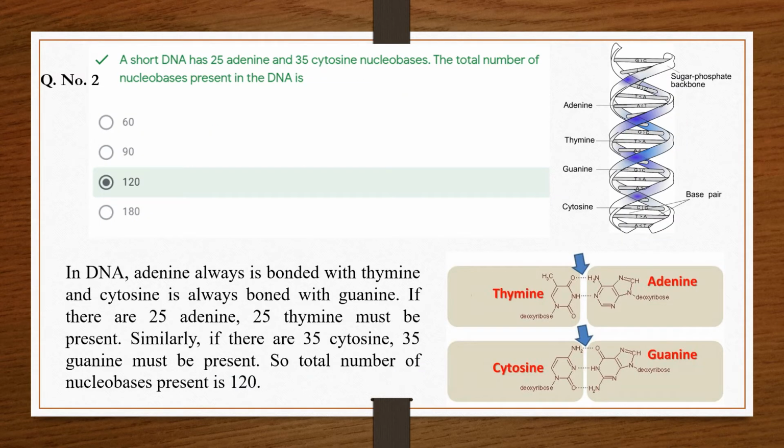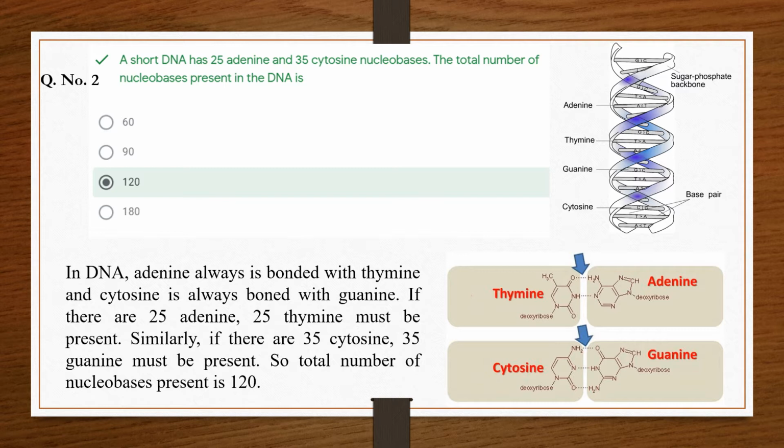The next question is, a short DNA has 25 adenine and 35 cytosine nucleobases. The total number of nucleobases present in the DNA is, and most of the students answered 60. They just add the 25 and 35, but the answer is 120, because if there is adenine, there must be thymine present in DNA, because DNA is a double helical structure.